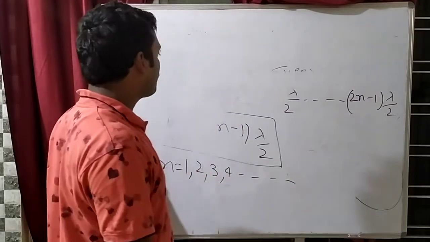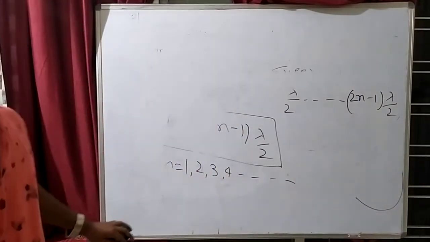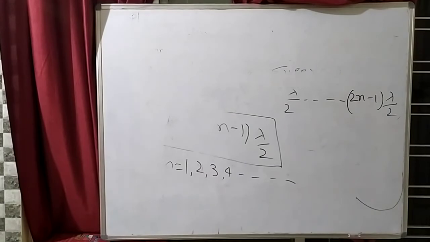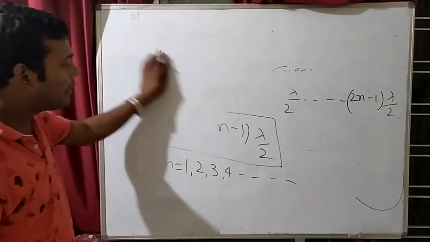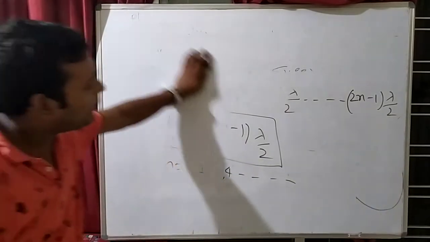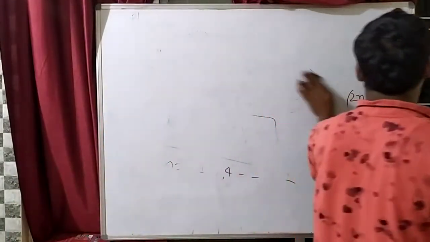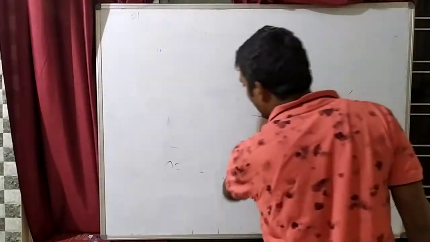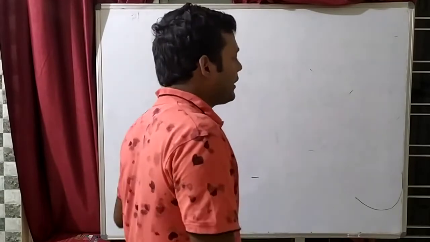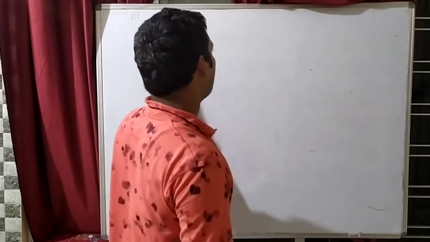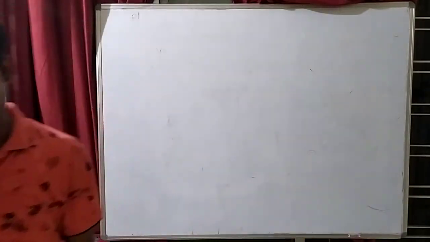For destructive, what will be the path difference? Path difference will be (2n minus 1) lambda by 2. And what will be the phase difference? (2n minus 1) into pi. And n should start from 1, 2, 3. Always remember, for destructive n should start from 1, 2, 3.